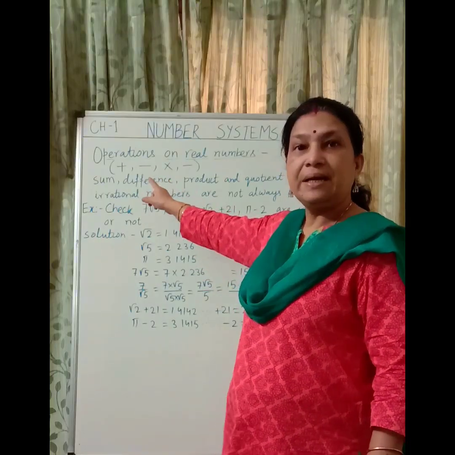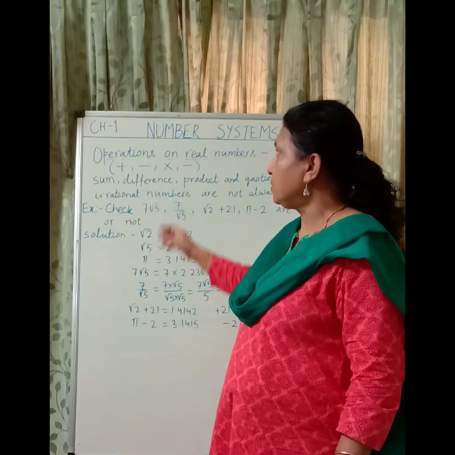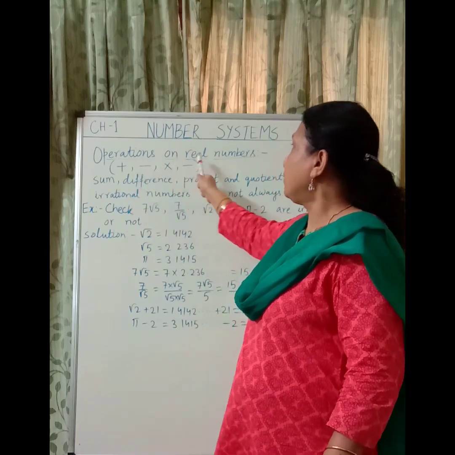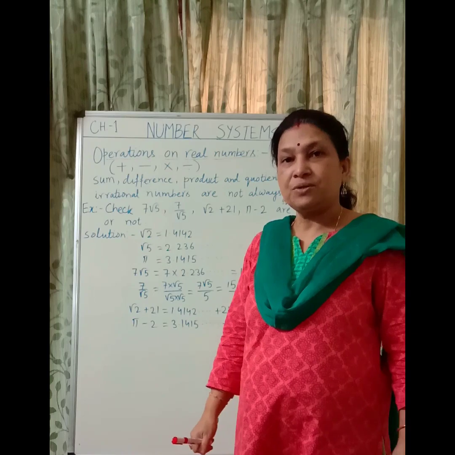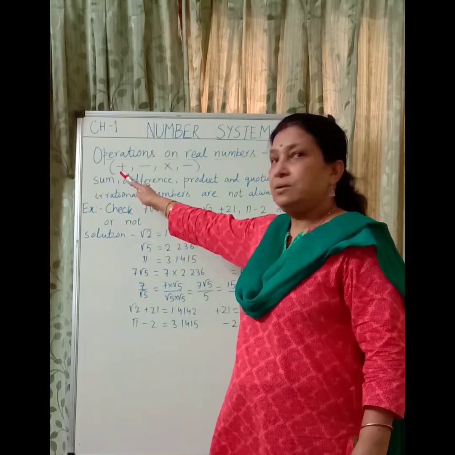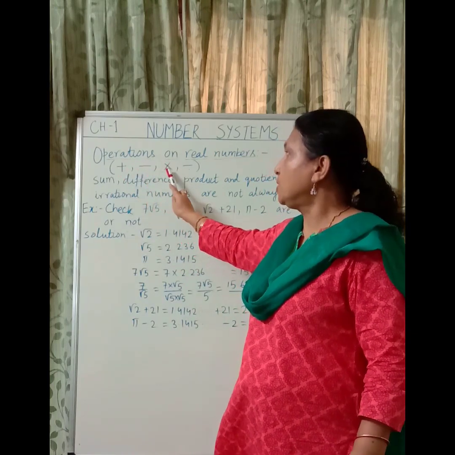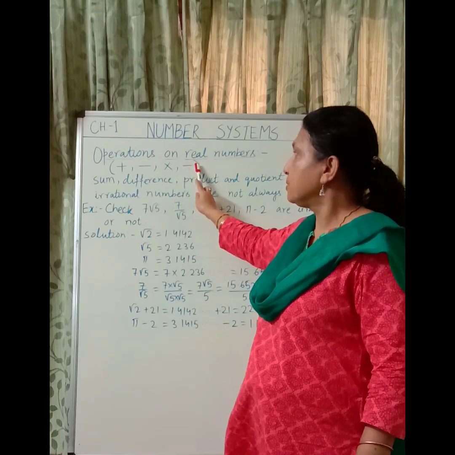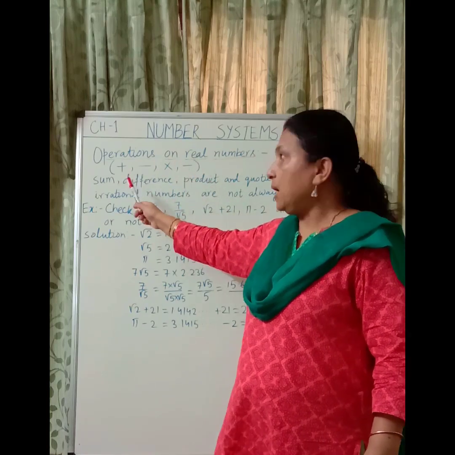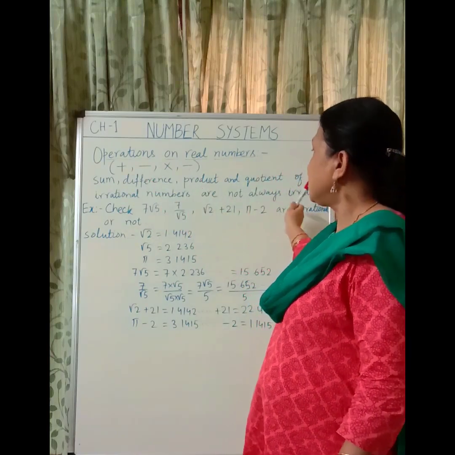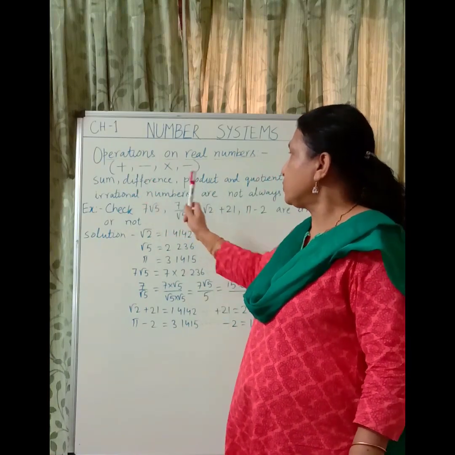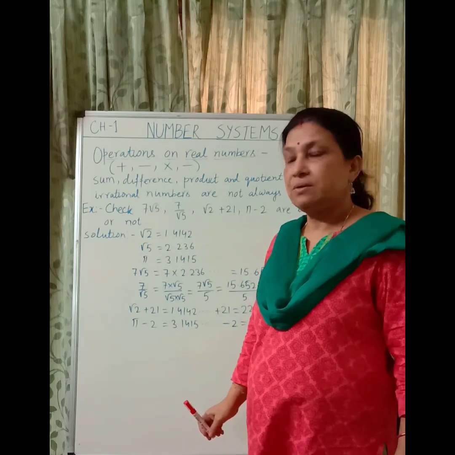Now the next part will be learning about operations on real numbers. What are the 4 fundamental operations? Addition, subtraction, multiplication and division. We will be finding out the sum, difference, product and quotient of irrational numbers.